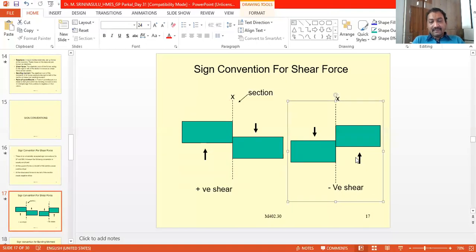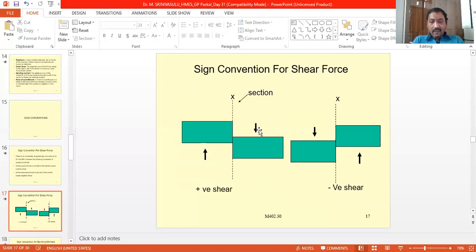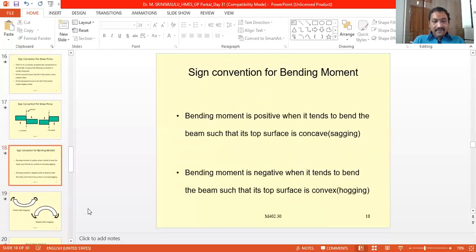In that way we can remember. This is the first thing you have to remember: when the downward force acting to the right of the section is positive, then we can decide the sign of any other force acting either to the left or to the right of the section. And the sign for the bending moment we will discuss in the next class.